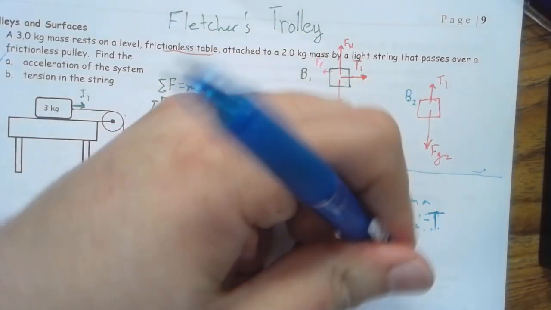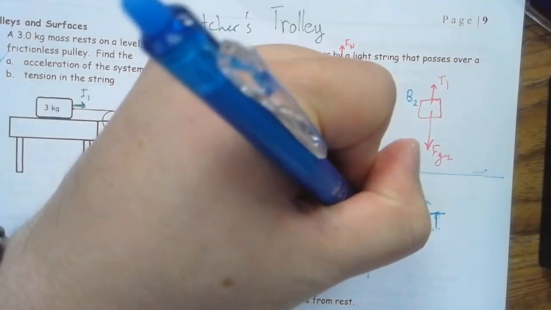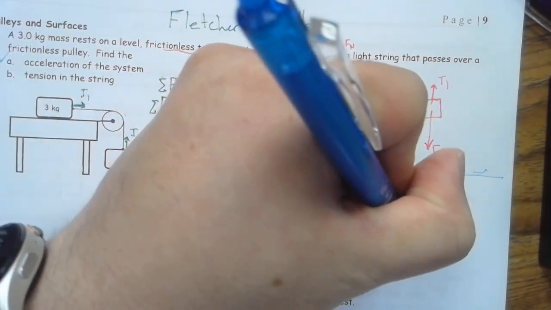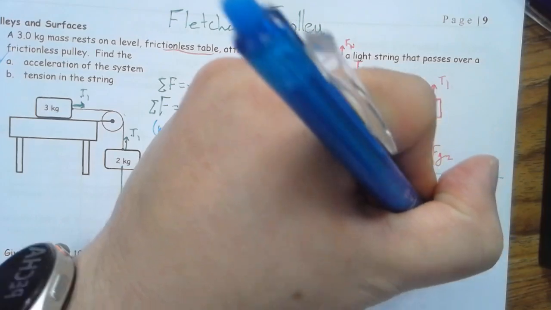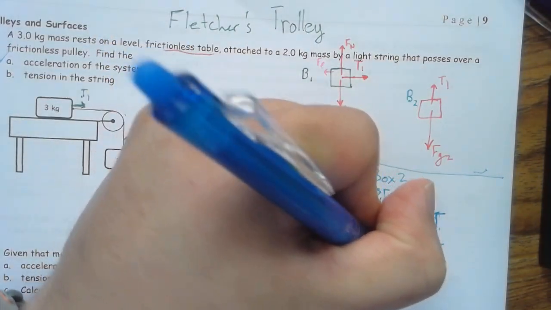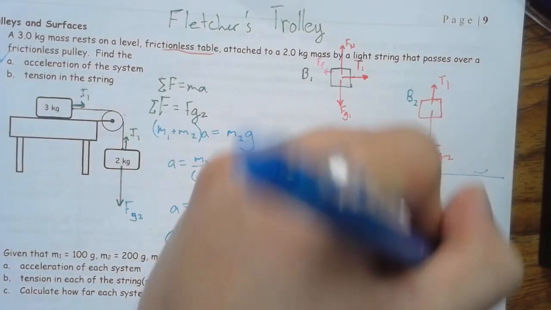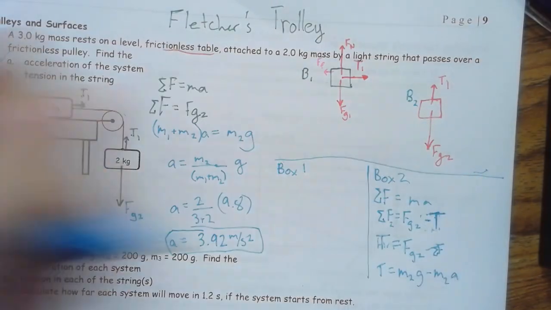You know, let's rearrange it first. Tension equals Fg2 minus the net force. So tension also, you could say, is equal to M2G minus M2A.